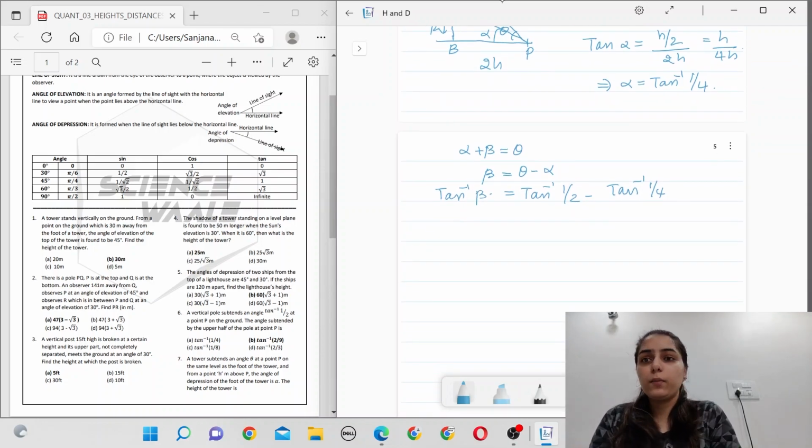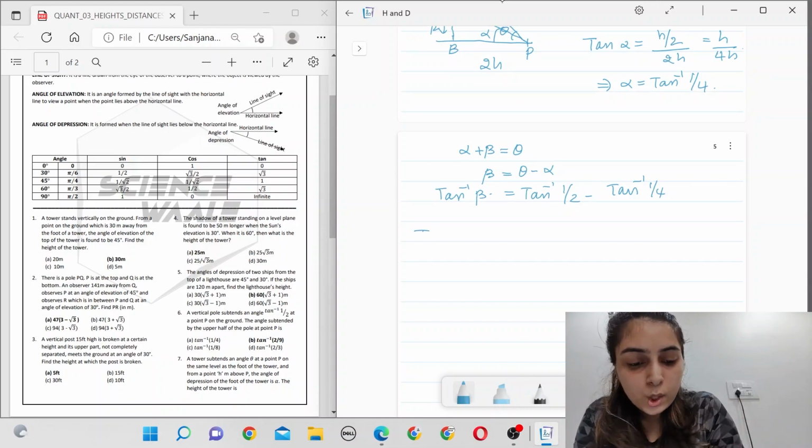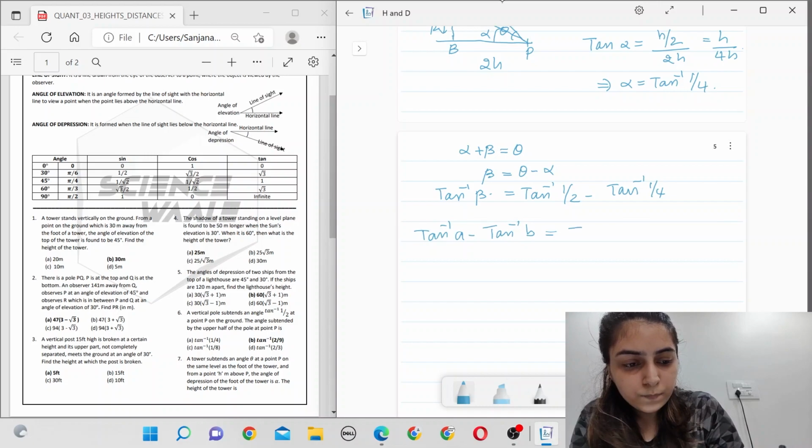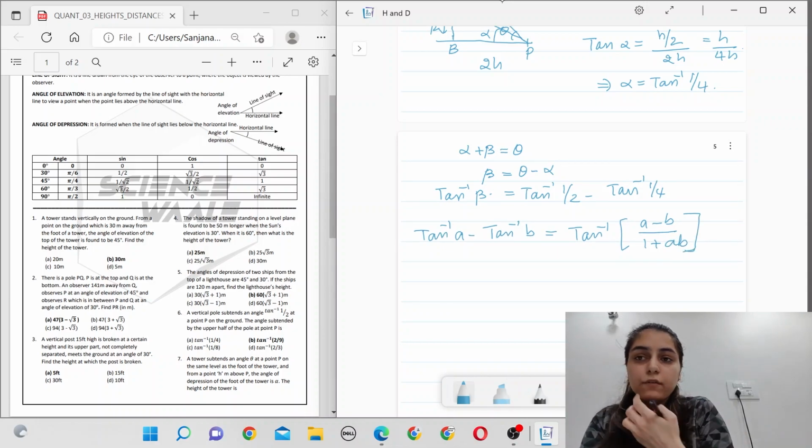Now if you have studied trigonometry, you must know this very basic formula: tan inverse A minus tan inverse B is equal to tan inverse of (A minus B) by (1 plus AB). This is a standard formula. If you don't know this formula, please make a note of it. It's going to be very useful.